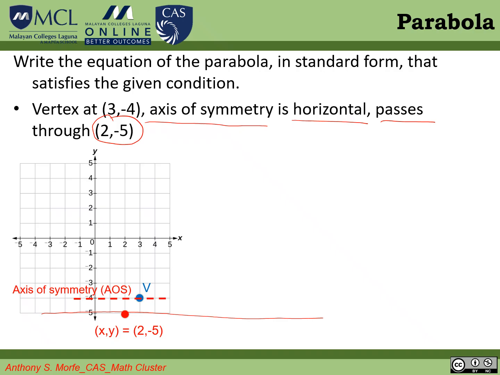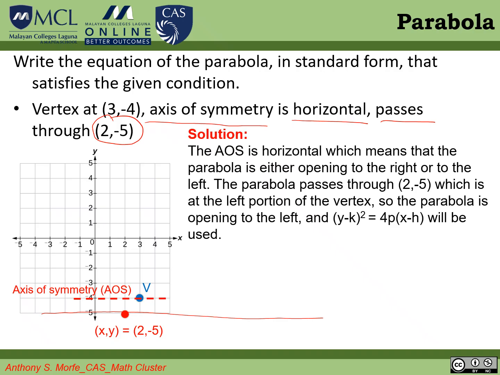Okay, so this is the concept, class. The axis of symmetry is horizontal, which means that the parabola is either opening to the right or left.